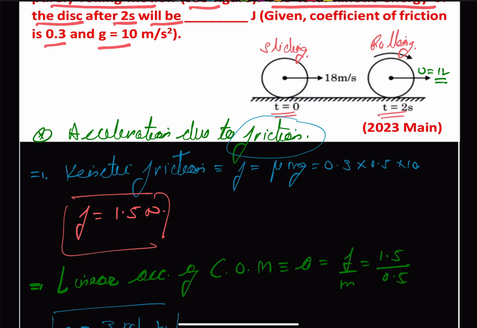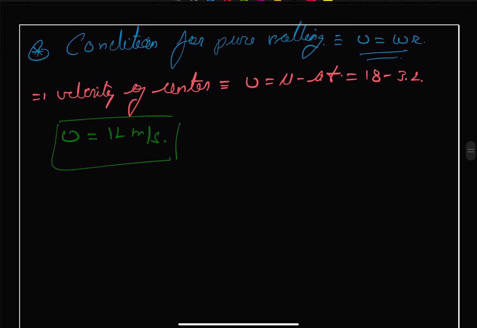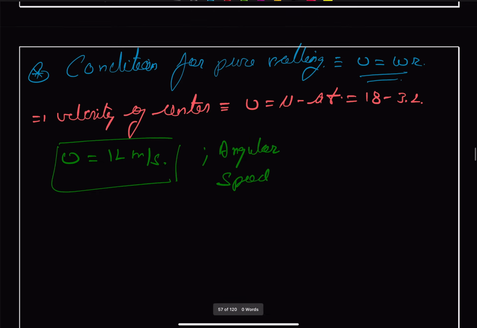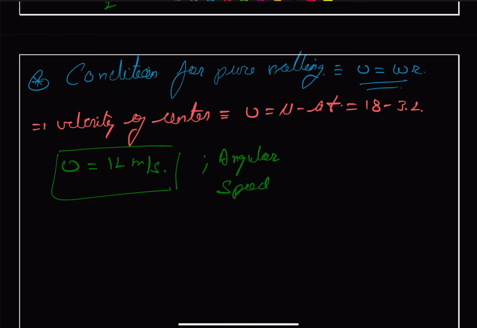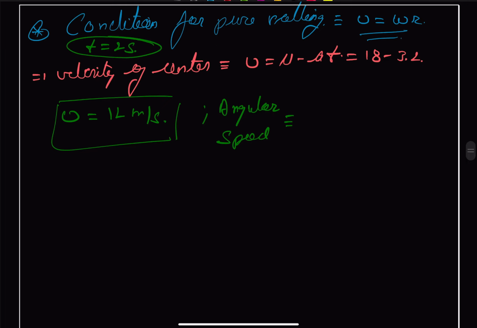So from here we can find out our angular speed, and we have to make sure that we are calculating at t is equal to 2 seconds. So angular speed omega will be equal to alpha times t, and this comes as 6 upon r multiplied by 2, giving us 12 upon r radian per second.